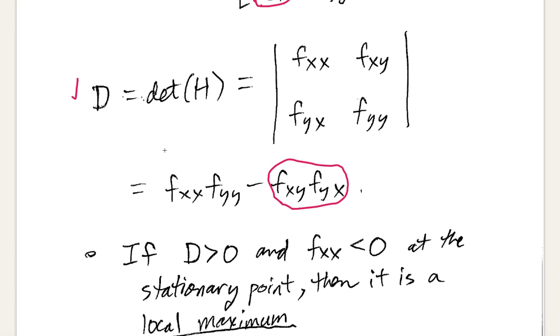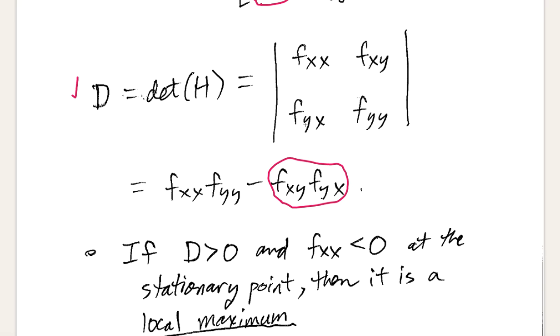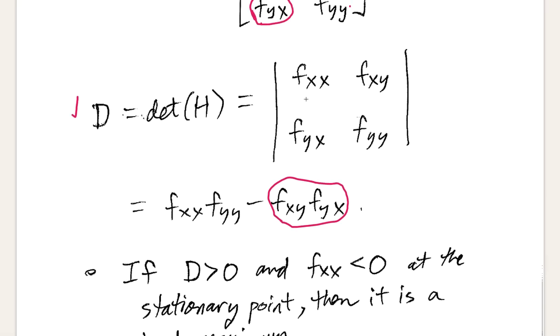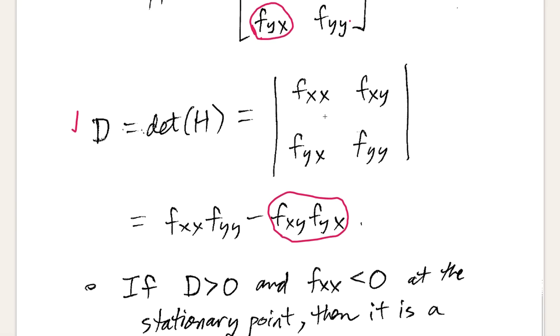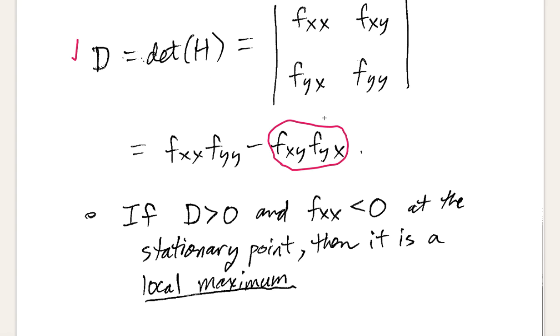Now, here's the second derivative test. Why do I call it the second derivative test? Well, these are all partial derivatives, and they're second derivatives, right? f sub xx, f sub xy, and so forth. Second derivatives.